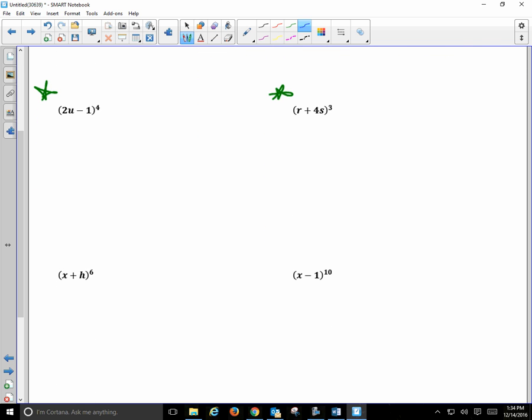Let's do 2 more together. Yep, so now we see a minus. So I have A to the fourth, A to the third B, A squared B squared, B to the fourth.